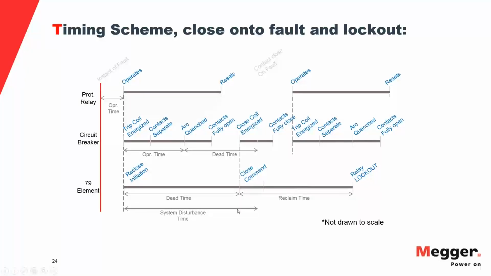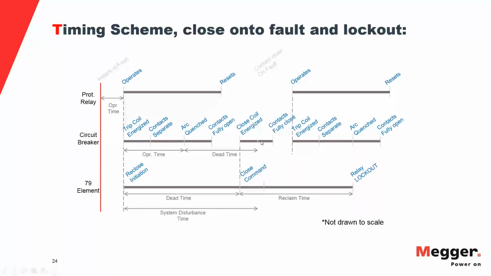All right? Sometime after the breaker opens, the 79 initiates the closing, right? So after the breaker opens, it waits for some time and then sends a signal saying, hey, I believe this time is enough for the fault to clear, so please close the breaker.